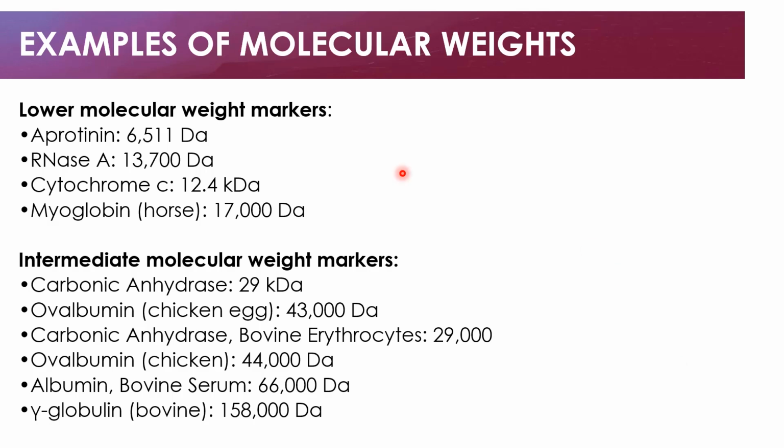So let's look at examples of molecular weight markers that are normally used in gel filtration chromatography. We have the lower molecular weight markers, and these are the examples. We also have the intermediate molecular weight markers, and these are also some of the examples.